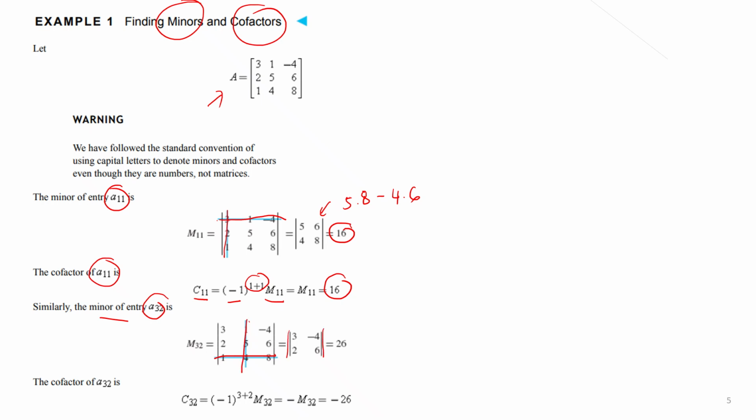This will be 3 multiplied by 6 minus 4 multiplied by 2, which is 26. What about the cofactor? Here you see minus 1 to the power of 3 plus 2, so minus 1 to the power of 5, so it equals minus the minor M32, which is minus 26.